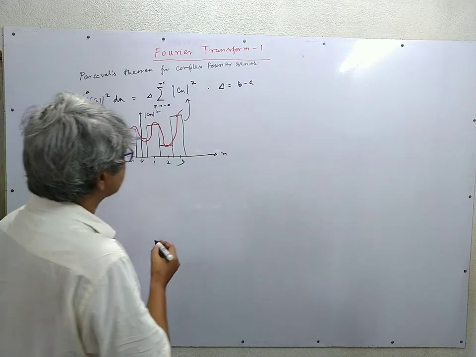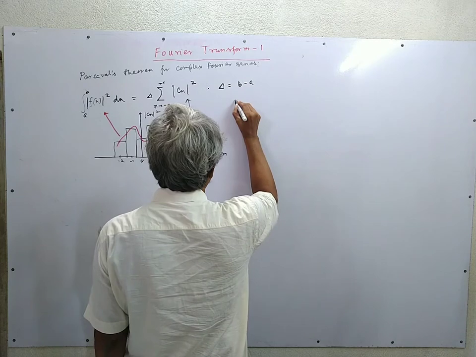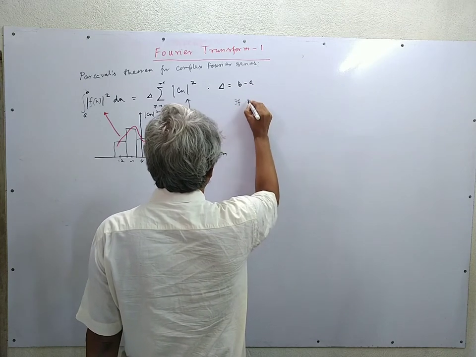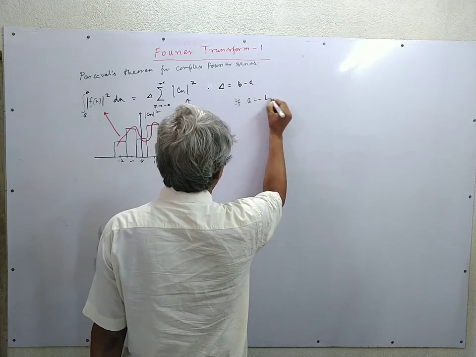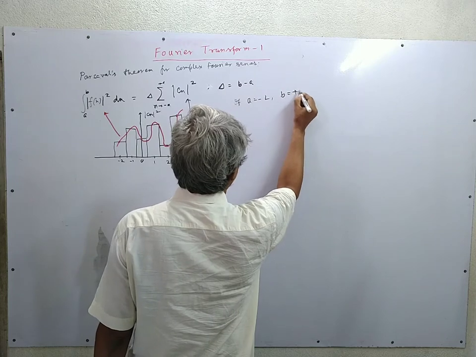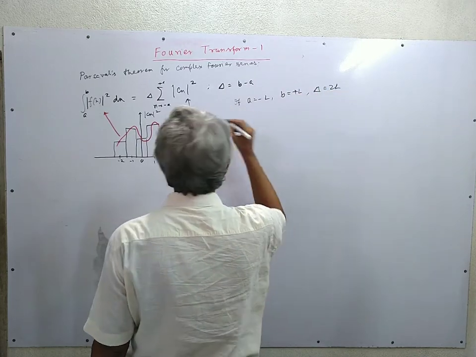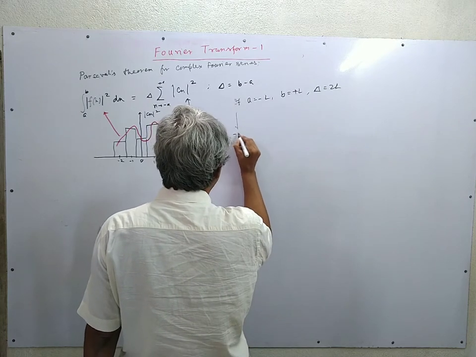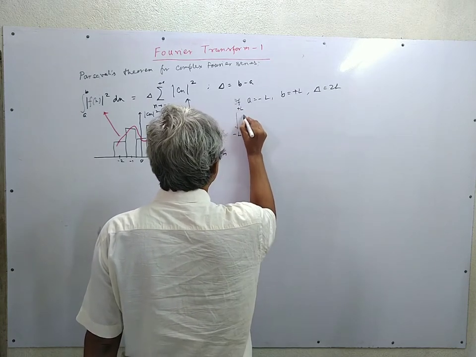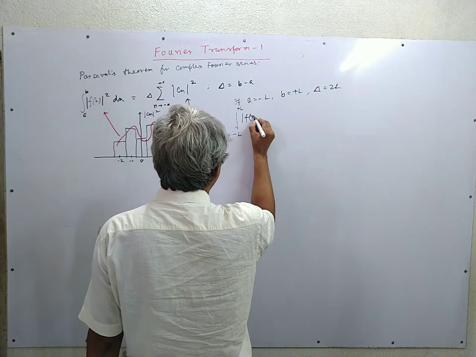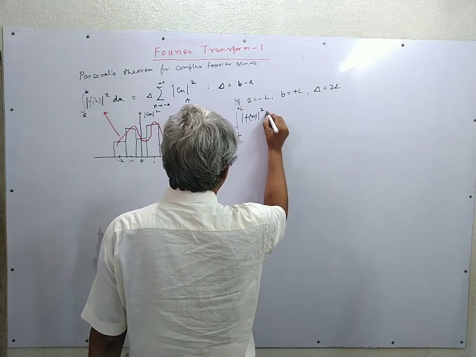Instead of this arbitrary interval, if we choose a equal to minus L and b equal to plus L, so that delta is equal to 2L, the integration becomes minus L to plus L of modulus f of x squared dx.